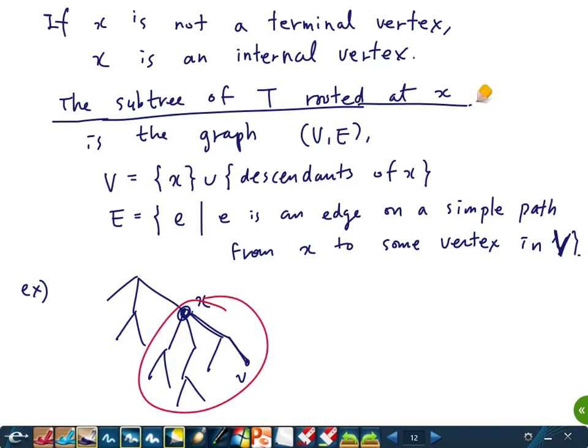Okay. So trees have many interesting properties, and this is one of them. T, say, is a tree with n vertices, and n is at least 2. One vertex just by itself is also called a tree.